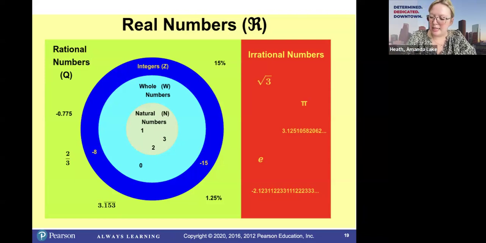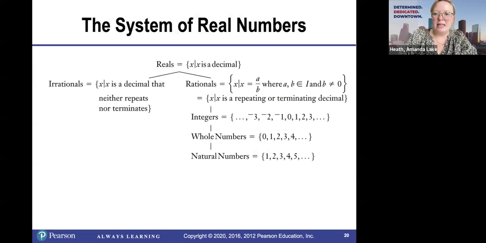Rational numbers are any numbers that we can put into a fraction of integer values. And irrational numbers are those numbers that cannot be put into a fraction of integers, and we'll have that non-terminating, non-repeating decimal. And there's some examples here. And so again, these are the definitions, and showing you that they are nested within one another.